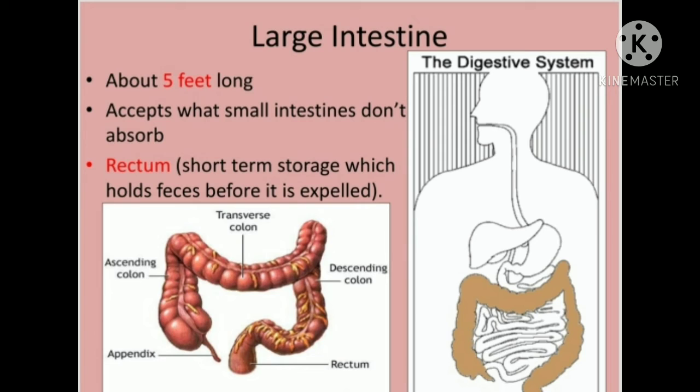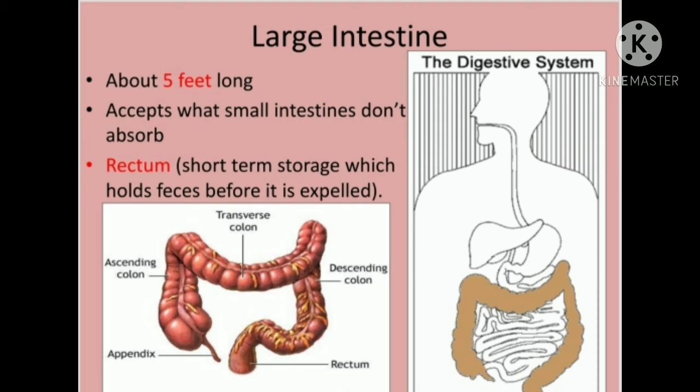It is divided into three different portions: the ascending colon, transverse colon, and descending colon. Towards the extreme left side there is the appendix, and towards the extreme right is the rectum. So this is what the large intestine contains: ascending, transverse, and descending colon, along with the appendix and the rectum at the two extremes.